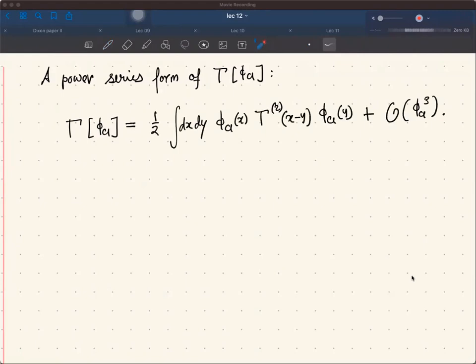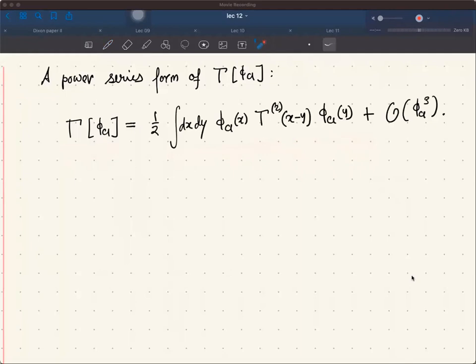You can recognize that this is a non-local expansion. It's like a Taylor expansion of gamma around phi equal to 0, and because I'm expanding around the extremum, where phi_cl equals 0, there is no linear term, and therefore it starts with the quadratic term.